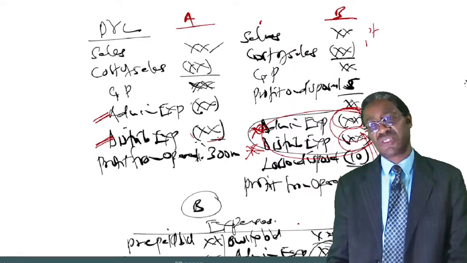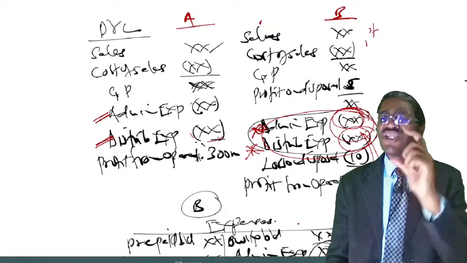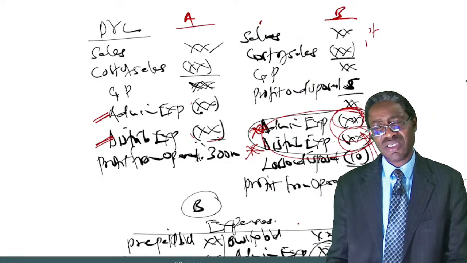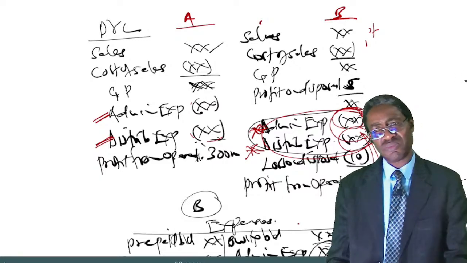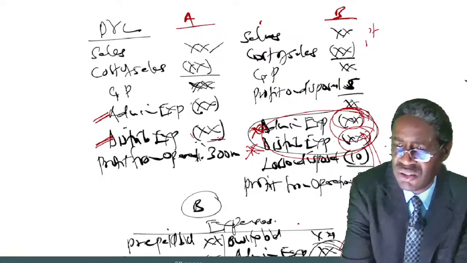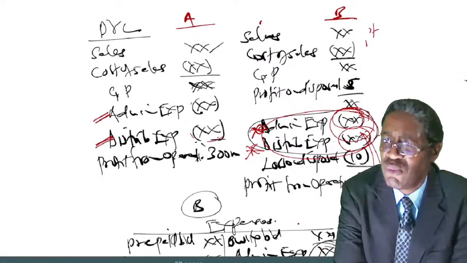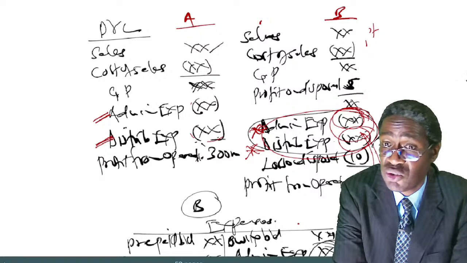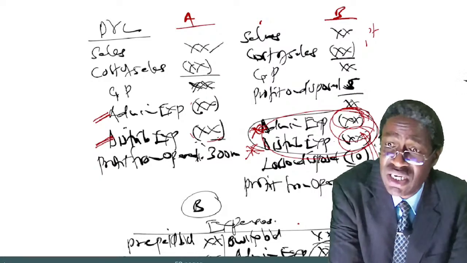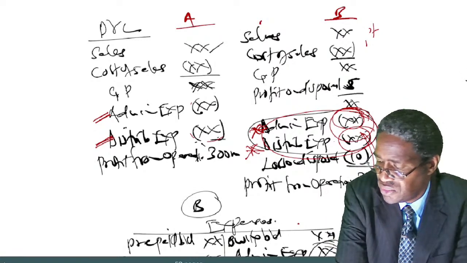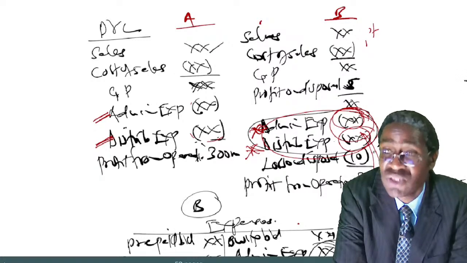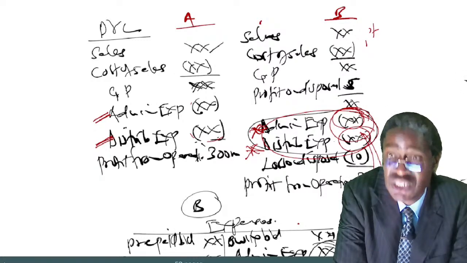So the question is, where do you think accountant number A has put his 5 million? How do you think he treated it? We sold a motor vehicle and made a gain on disposal of 5 million. Somebody can suggest, where do you think accountant A used his 5 million?